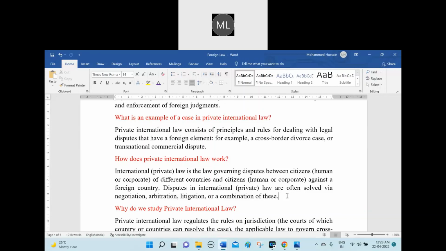Negotiation, arbitration, litigation, reconciliation and all these things come under settlement. The best way of resolving the conflict is settlement, because the loser also loses, and the winner also loses.